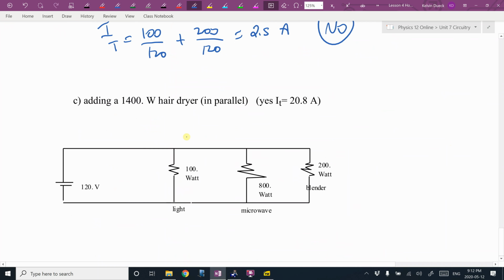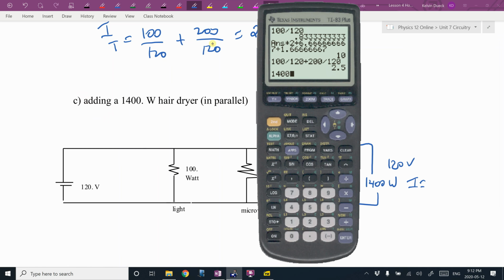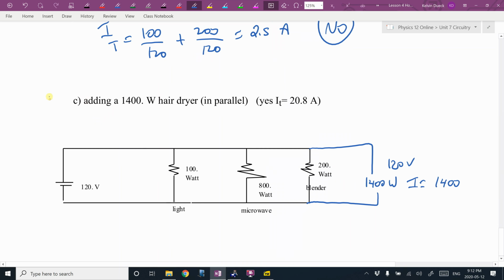We're adding a 1400 watt hair dryer. Now this is still 120 volts, and so the current in this is going to be 1400 divided by 120. Ooh boy. 1400 over 120, which is 11.7 amps.